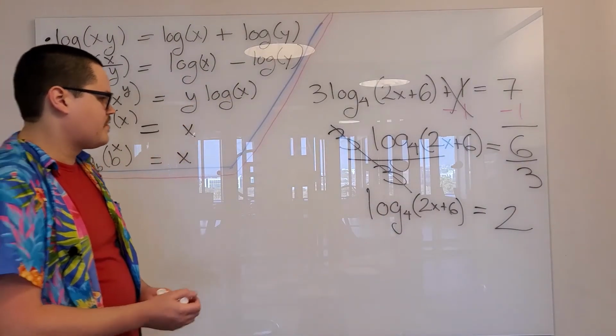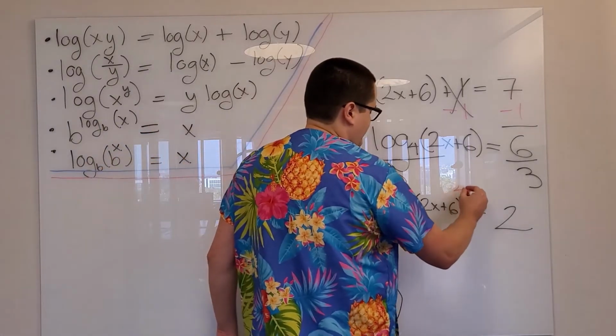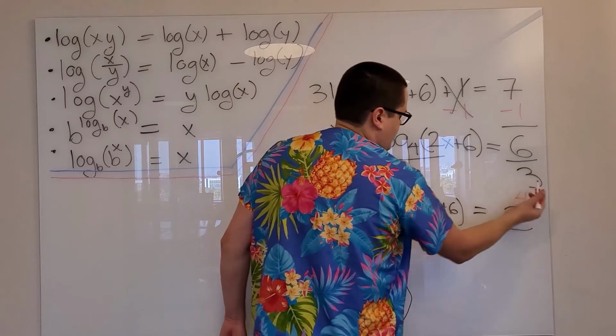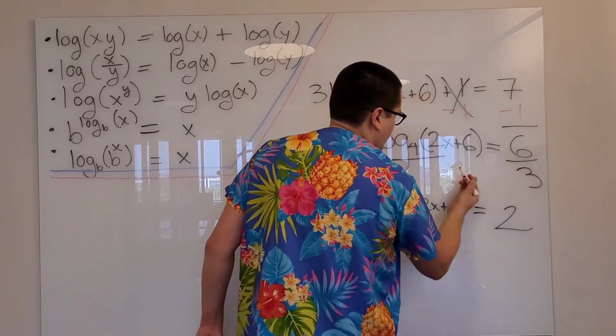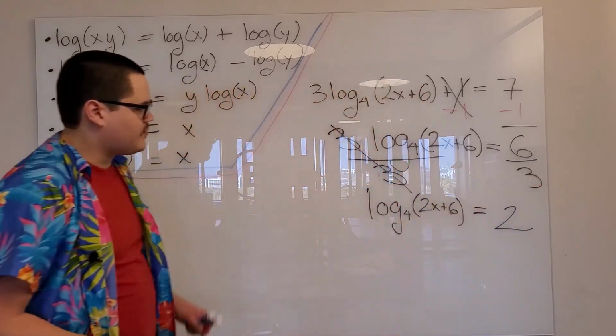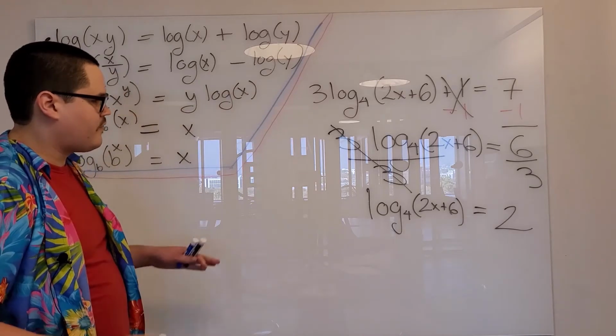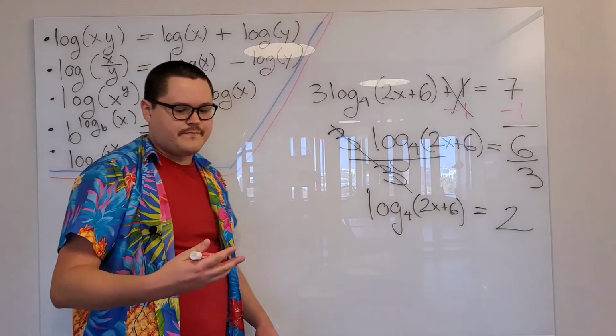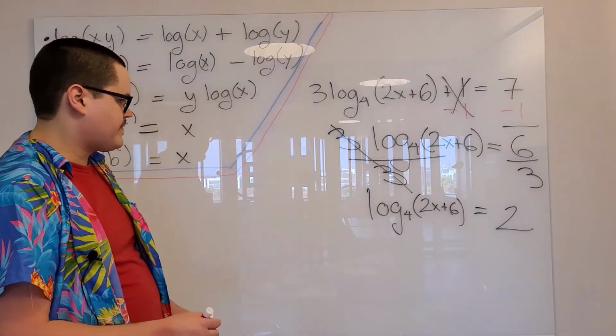So warning, what you do not do is put a 4 on both sides. That's wrong. Sorry, what you do not do is put a 4 as the power of both sides. What you do is put 4 as the base of both sides. Right?